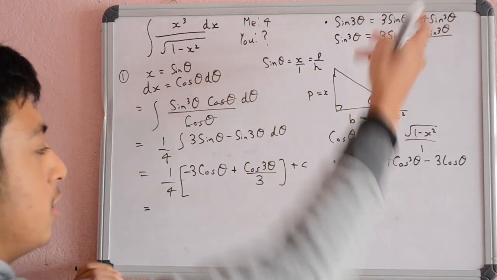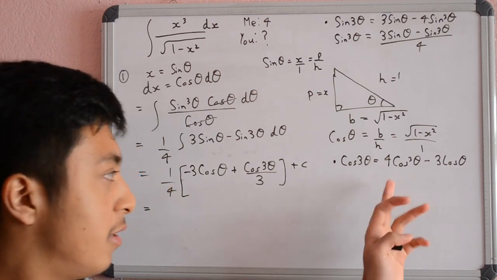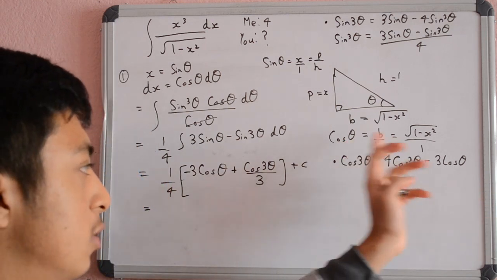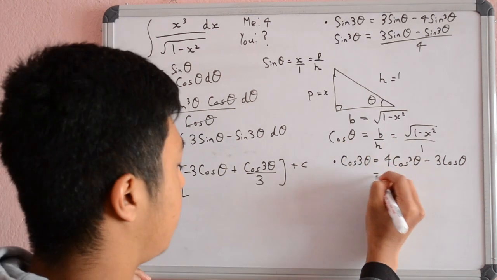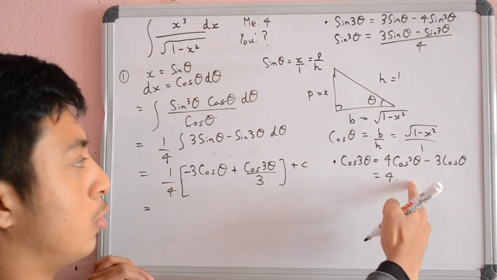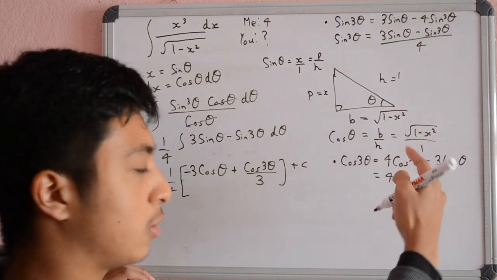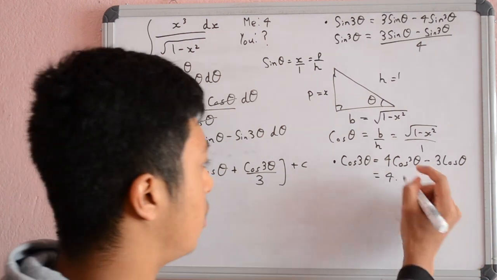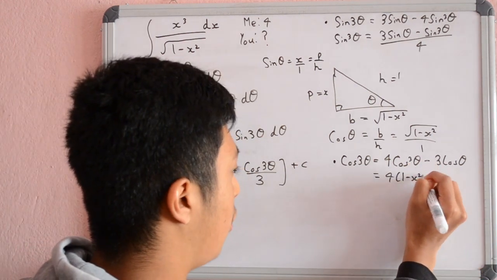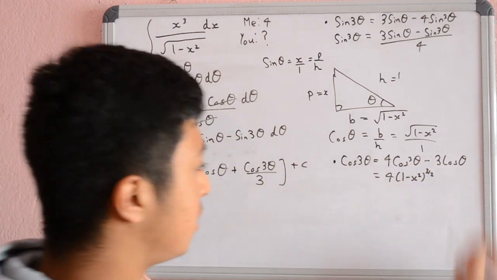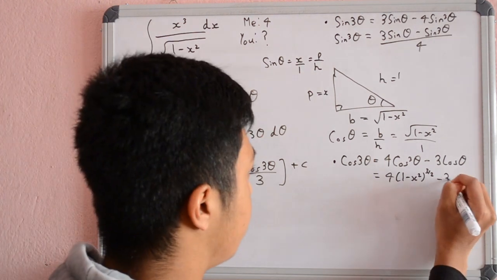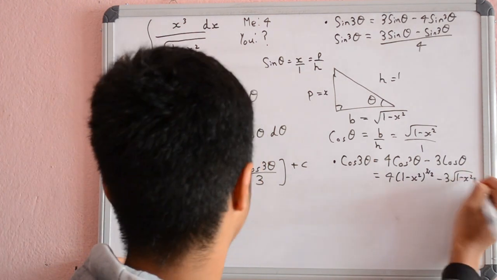Just switch these positions, right? And now we can actually put this over here. So cos 3 theta becomes 4 into cos cube theta, which is root 1 minus x square whole cube, which I'm going to put in power form like this, minus 3 root 1 minus x square.